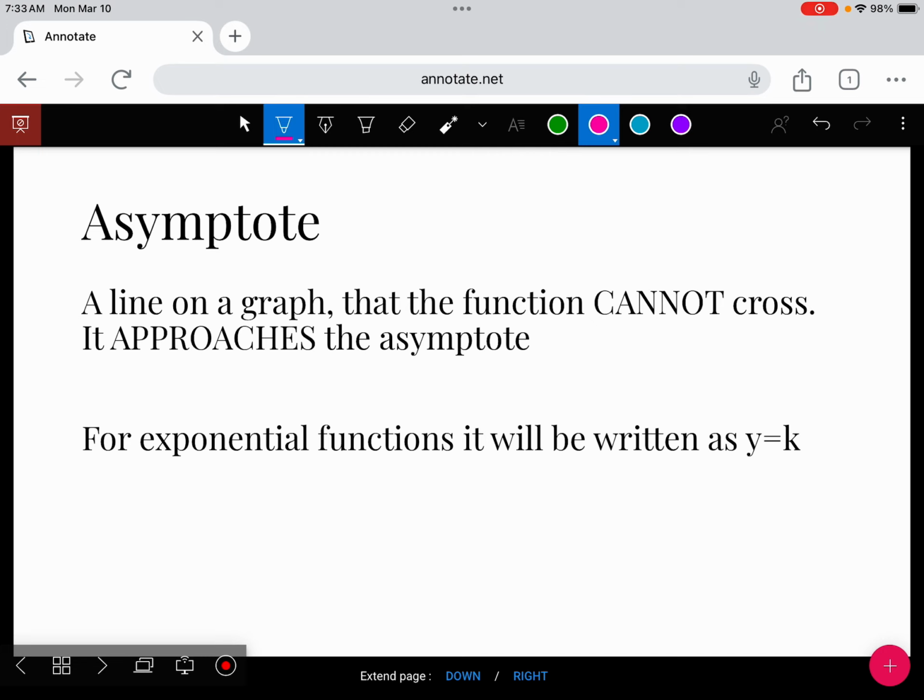So when we have an asymptote, do not cross it. Asymptotes are walls. Don't go through the wall.